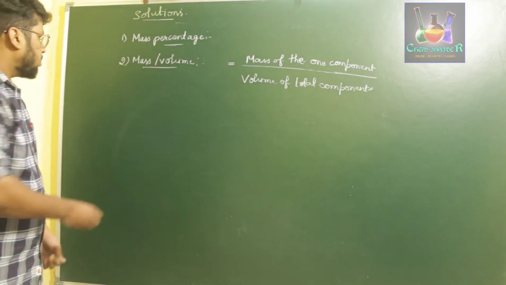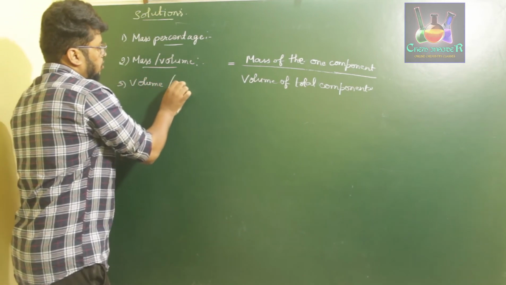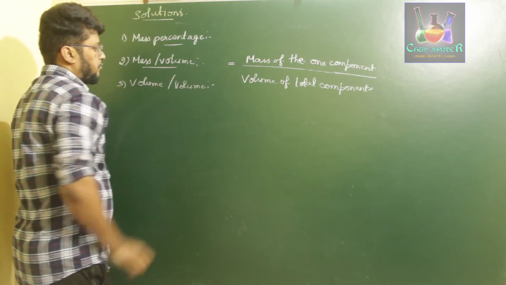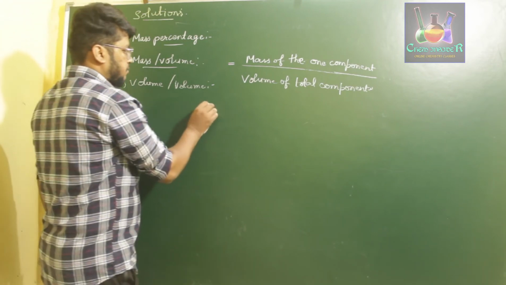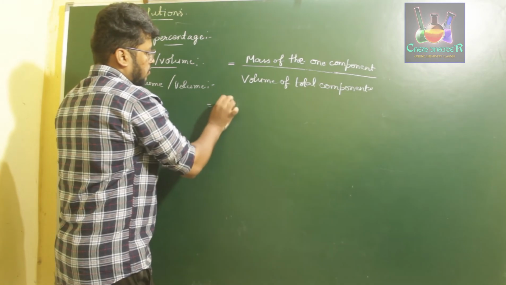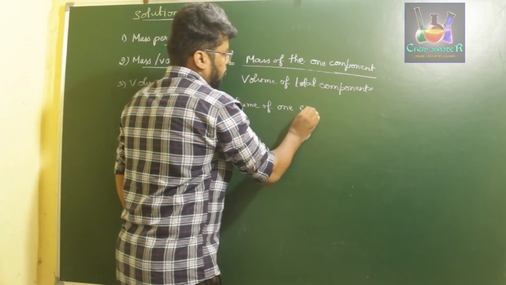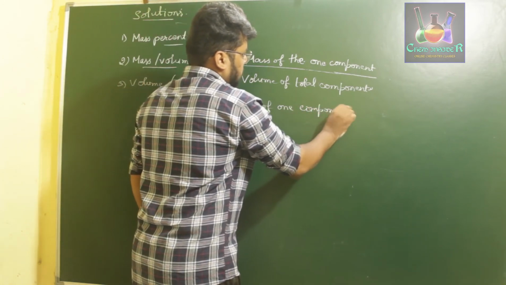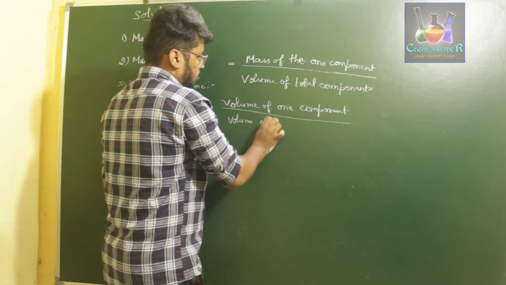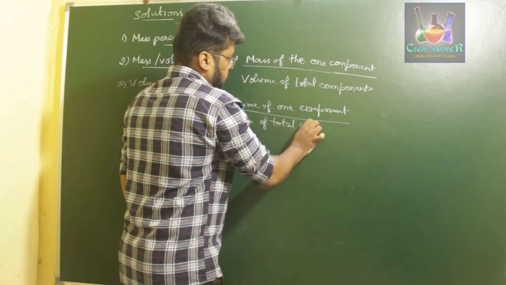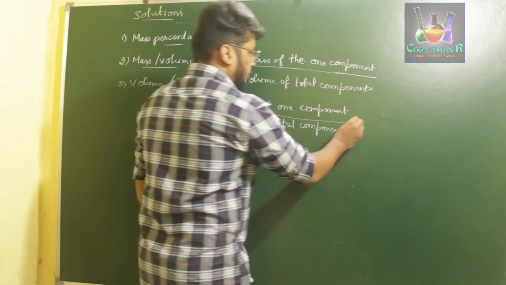Next is the third one, that is volume over volume. What if you have both solute and solvent in terms of volume? Then it is given as the volume of one component divided by the volume of total components, into 100.